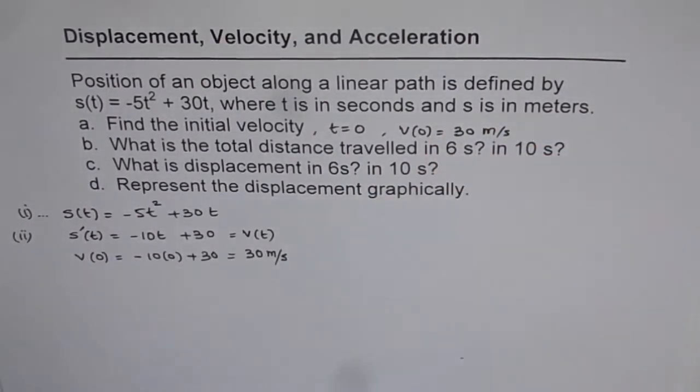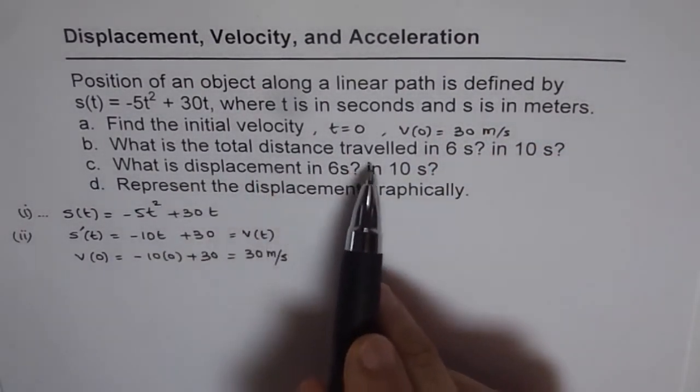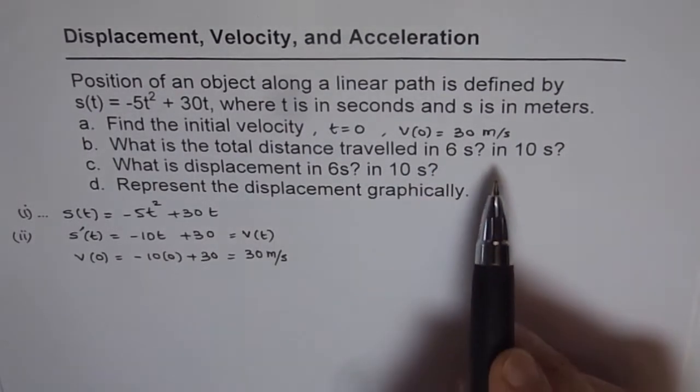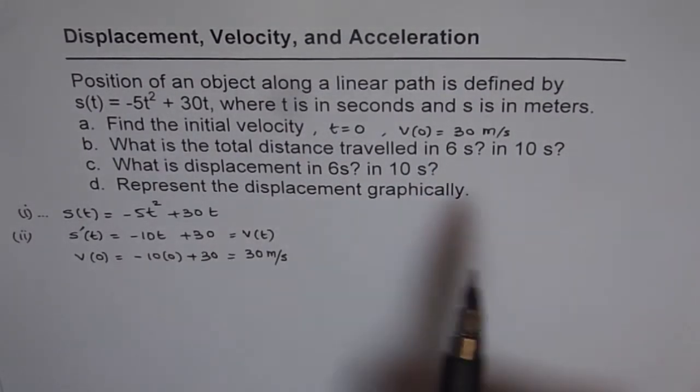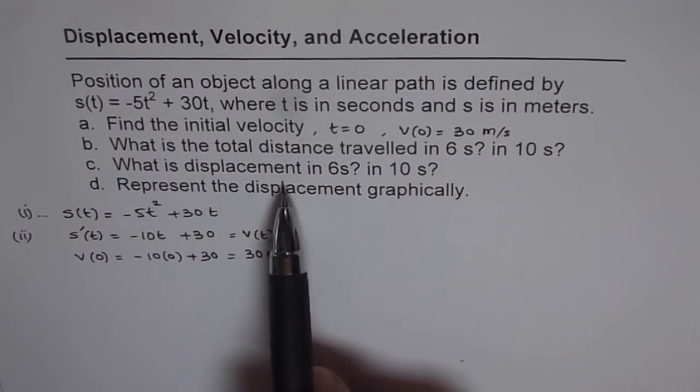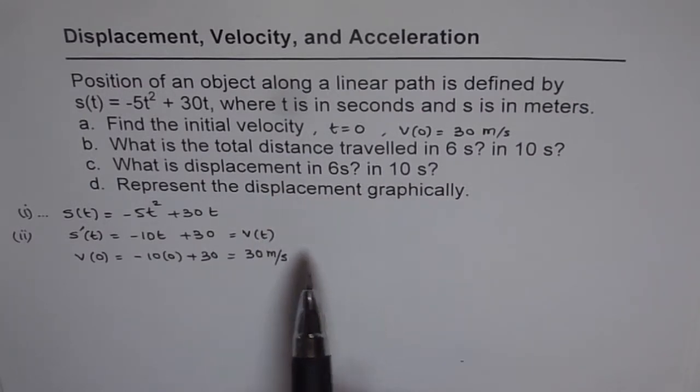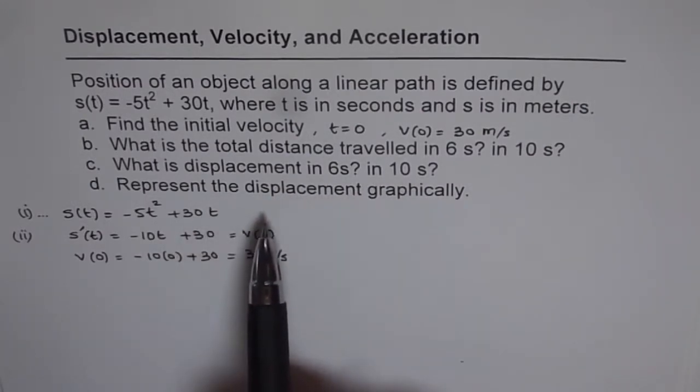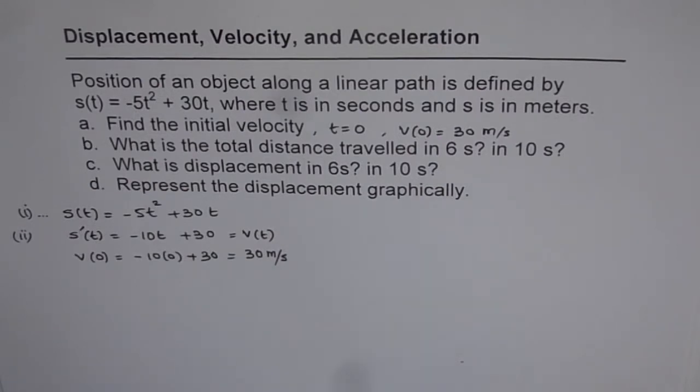Now the second part is, what is the total distance traveled in 6 seconds and in 10 seconds? Part C is what is the displacement in 6 seconds and 10 seconds, and part D is represent the displacement graphically. Okay, so these are kind of related questions.